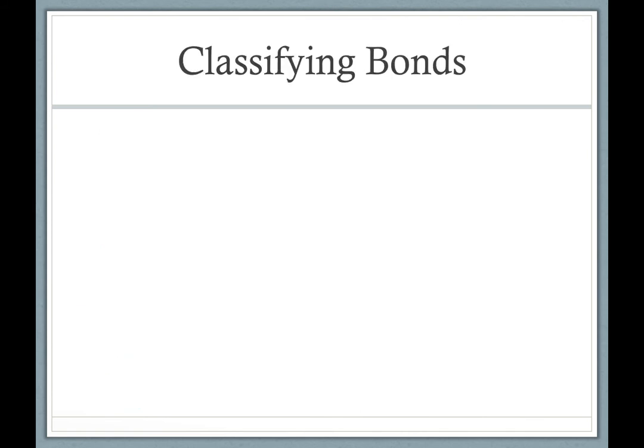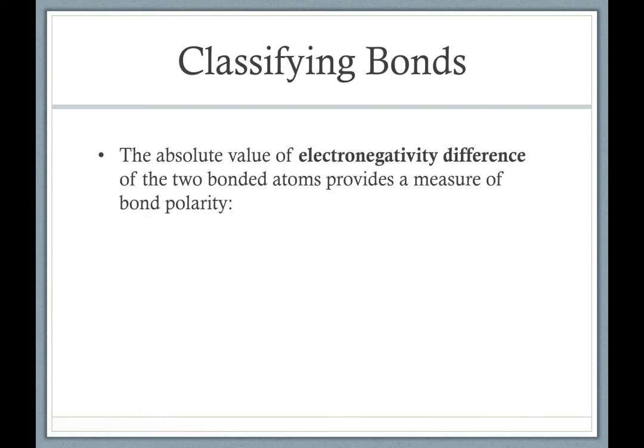Okay, so when we're classifying bonds, the absolute value of the electronegativity difference of the two bonded elements will give us a measure of the polarity. If we get a difference in electronegativity that is less than 0.5, the bond is classified as a non-polar covalent bond.